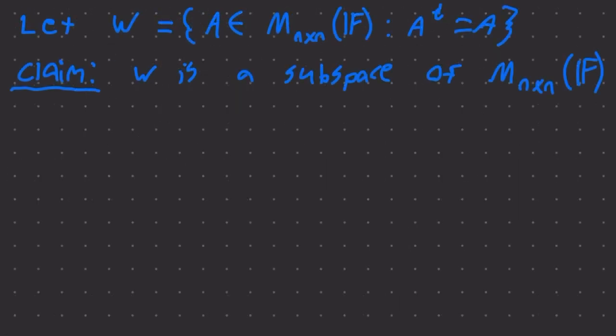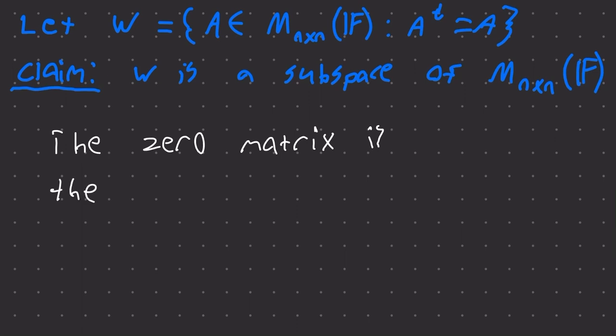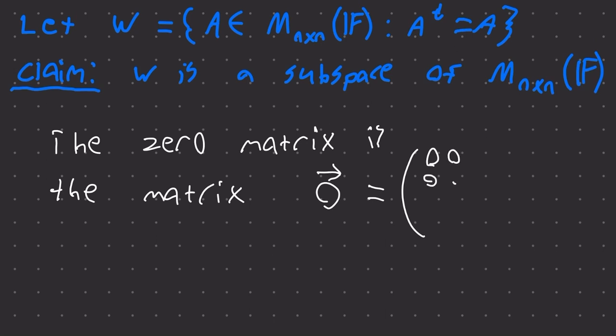To check if W is a subspace of matrix M, you have to do a few different steps. The first one is to check that the zero vector is there. So let's define what the zero vector is in terms of a matrix. The zero matrix is the matrix 0, which equals 0, 0, 0, 0, and so on.